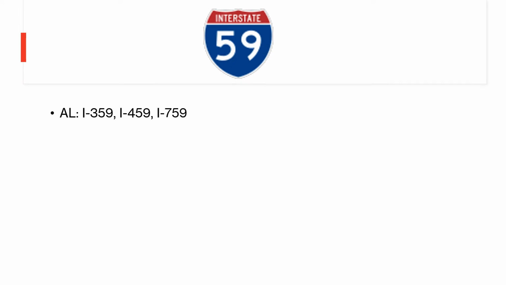I-59, these are all in Alabama. It's I-359, I-459, I-759. Now 359 and 459 also have an intersection with I-20, because I-20 and I-59 are concurrent through Tuscaloosa and in the southern part of Birmingham, in the southern end of 459.